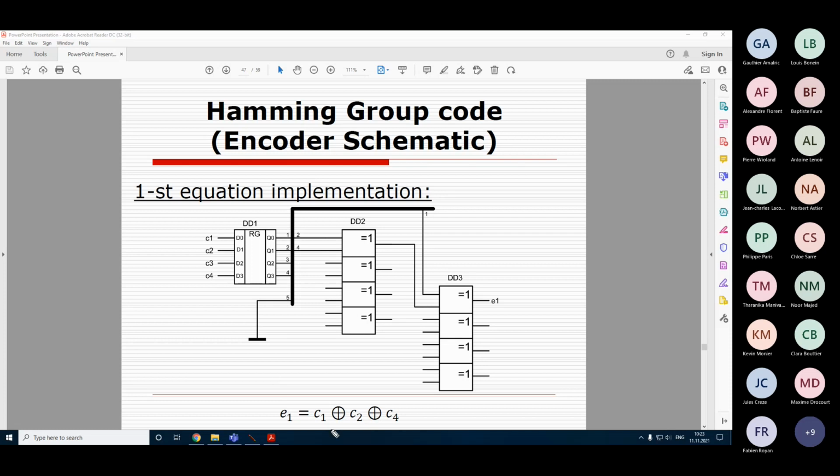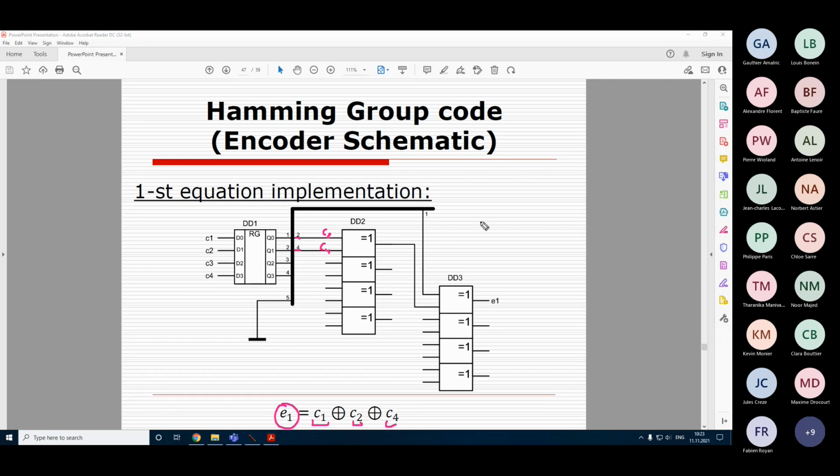So, for example, if I want to make a control symbol E1, I need to add together C1, C2, and C4. C2 is second line, C3 is third line, C4 is fourth line, and C1 is first line. So you can see here that I have added actually here C2 and C4. And here I add that all.